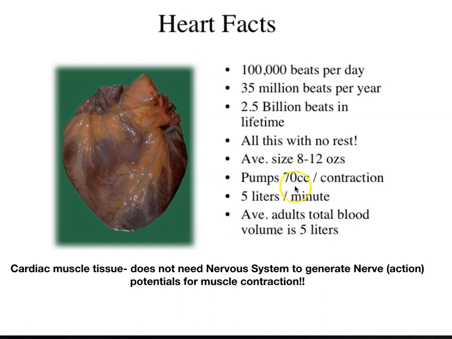Every time the heart beats in one contraction, it's going to pump 70 cc's. Cc's is the same thing as mils, so it's going to pump 70 mils of blood per one heartbeat, one contraction.